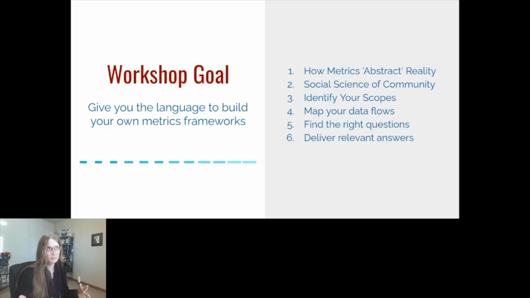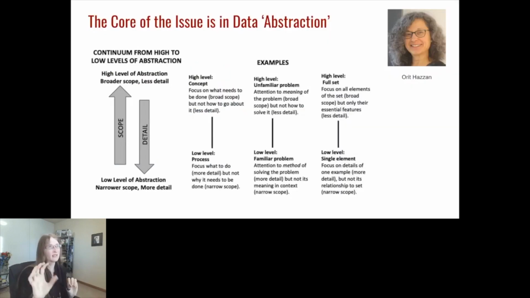It's 80 years old, but we need to understand how the social scientific process in social science augments the scientific method. And once we have that, we'll be able to establish our scopes. I'll discuss that a little bit later, build data flows, ask the right questions, and deliver relevant answers on our dashboard.